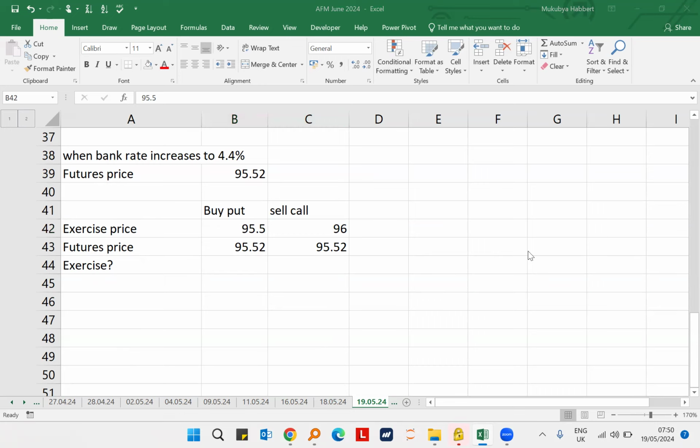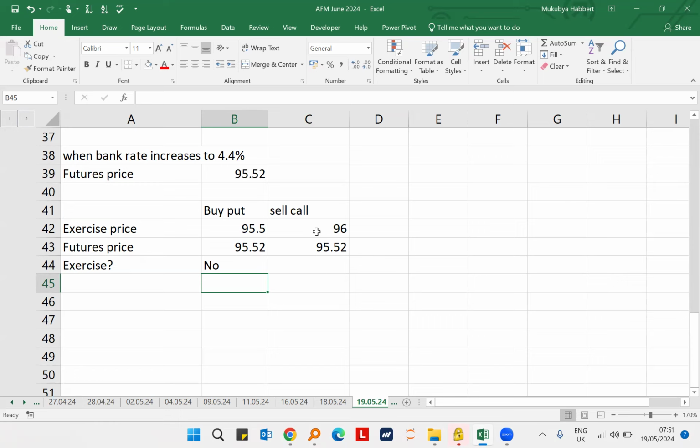Just tell me what you think. Esther, do you exercise? You said, can you recap the question? I'm saying that if you have an option to sell, because the put option is the option to sell, right? If you have an option to sell at 95.5, but without using it, you can sell at 95.52 too. Would you exercise? No. Okay. Because you can sell at 95.52 without the option. Therefore, the option is not useful for you in that case.